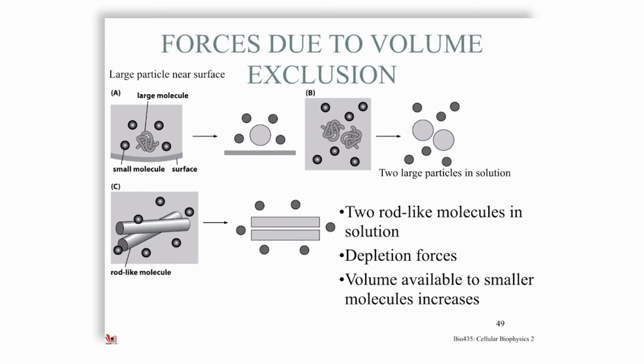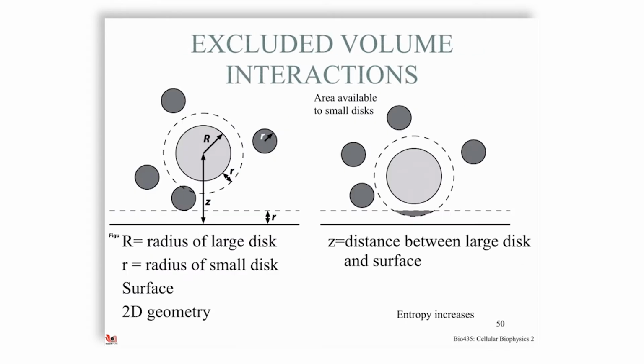The second example demonstrates that two rod-like molecules in a solution are more likely to come together due to so-called depletion forces. And these excluded volume interactions can be treated geometrically to arrive at an exact answer about the extent to which they act and when they act.